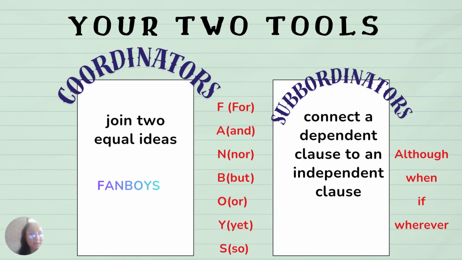And then we've got the second one, subordinators, which connect a dependent clause to an independent clause. So they can show us condition, time, contrast, or place as well. For example, we've got subordinators here: although, when, if, wherever.